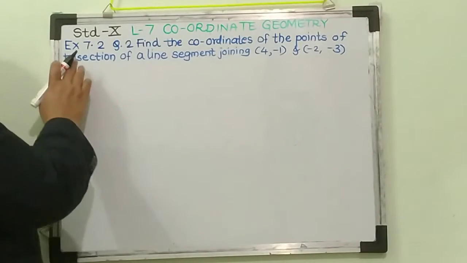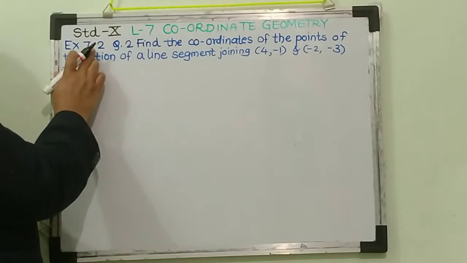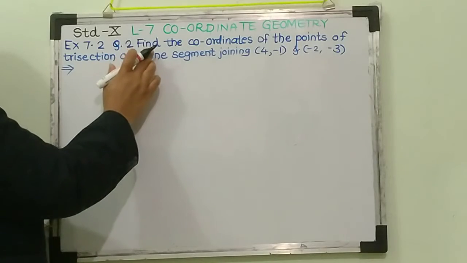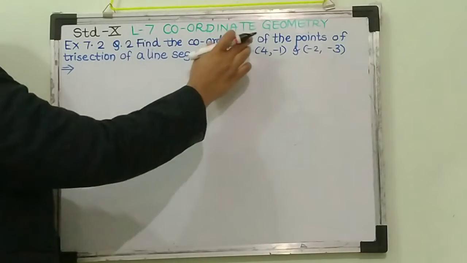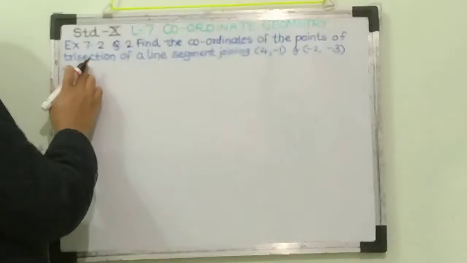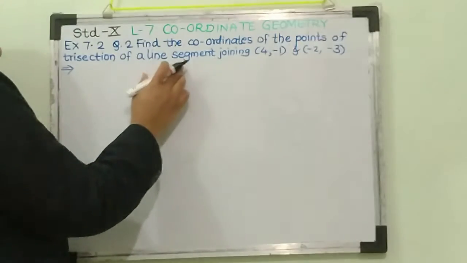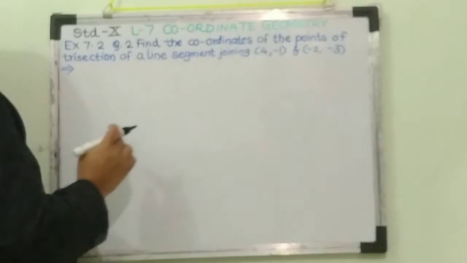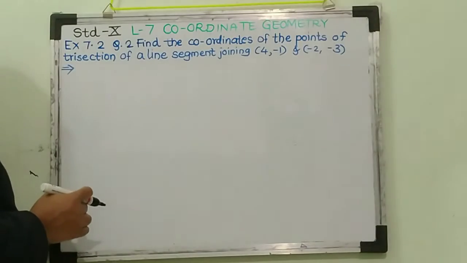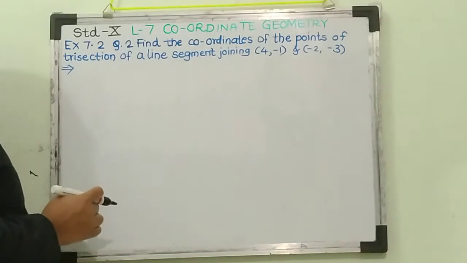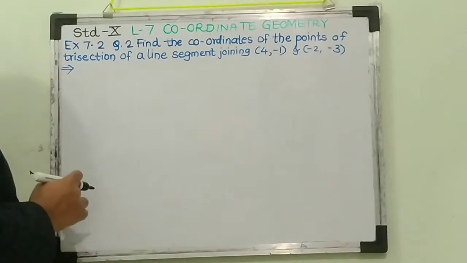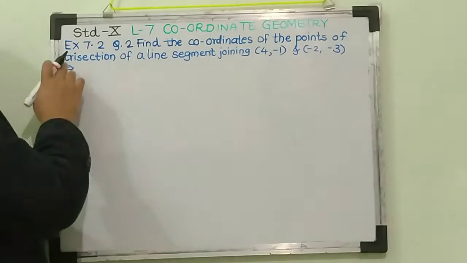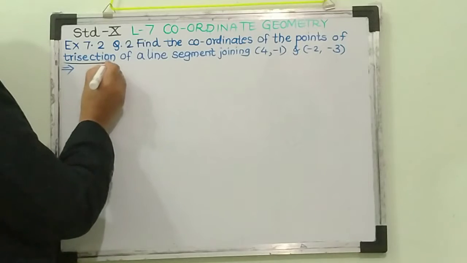Now see exercise 7.2, question number 2. Find the coordinates of the points of trisection of a line segment joining (4, -1) and (-2, -3). First I will explain what is meant by trisection.